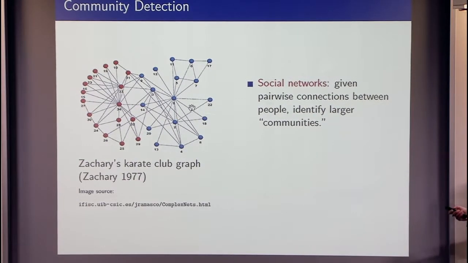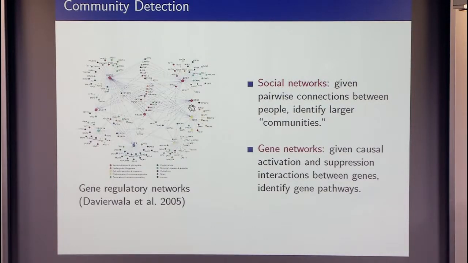And here is a very clear example of a karate club graph where you have nodes that indicate people, members of the club, and then two different types of communities. And it's clear from the picture that red and blue form different communities because of the density of the connectivity between entities.